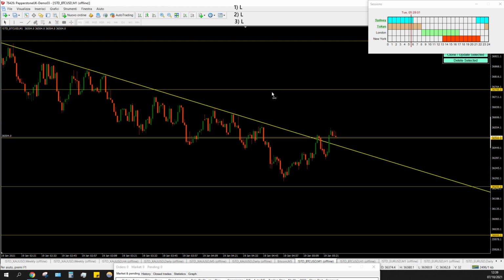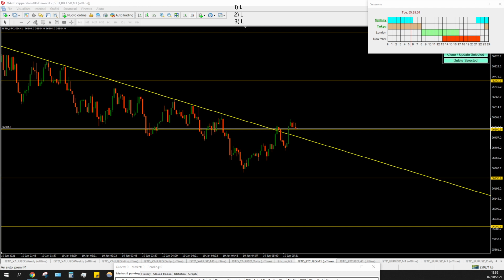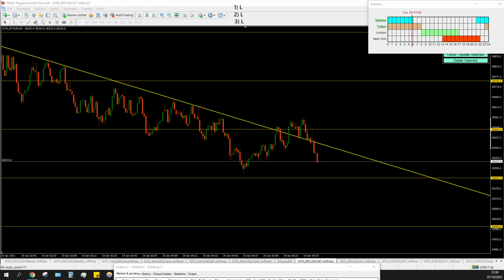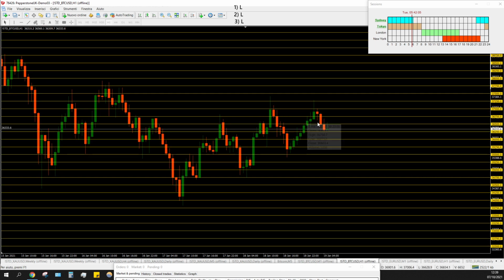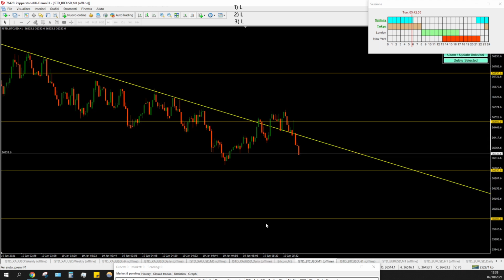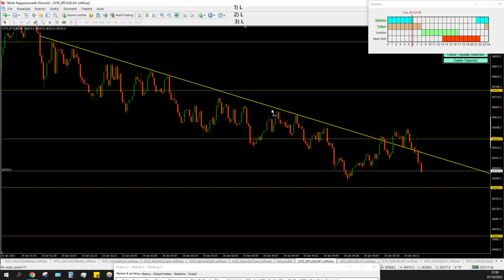Okay, very, very messy session. As you can see, the price didn't move much cleanly, it moved very slowly actually. So on the hourly it's clean, but on the 1 minute it's very, very messy.